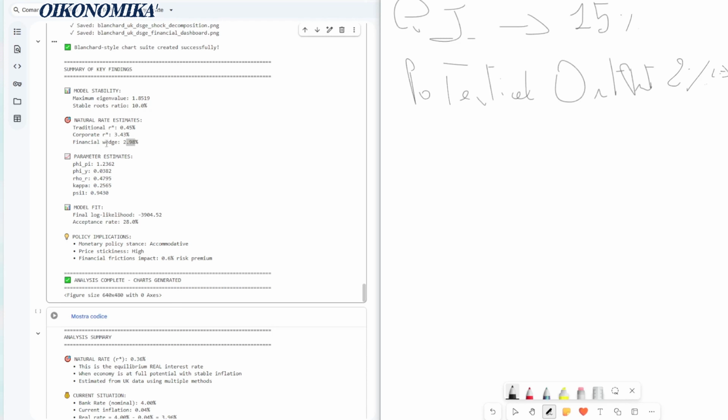But of course, we know that this financial wedge or the friction component cannot go to zero. So you can bring it to 1%. So potential output will increase structurally in a range of 1 to 2% in gross numbers. But the concept is very natural: the cost of borrowing for SMEs goes down.